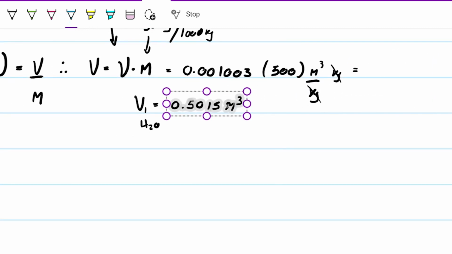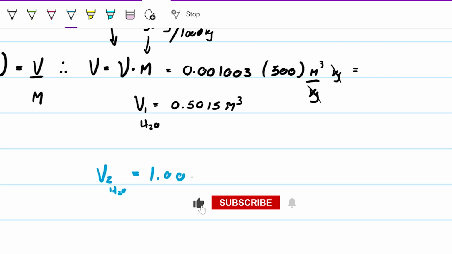And for state 2, that's just going to be literally double that, so 1.003 meters cubed.